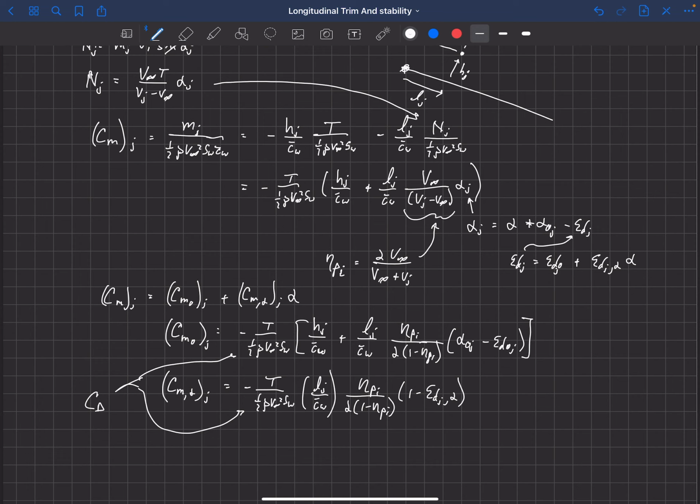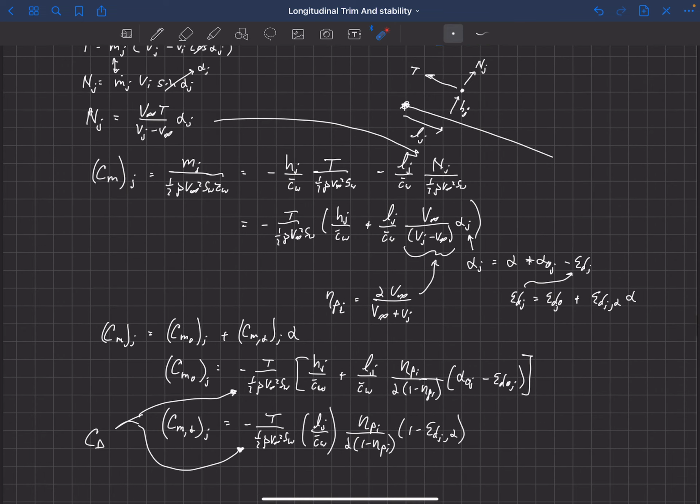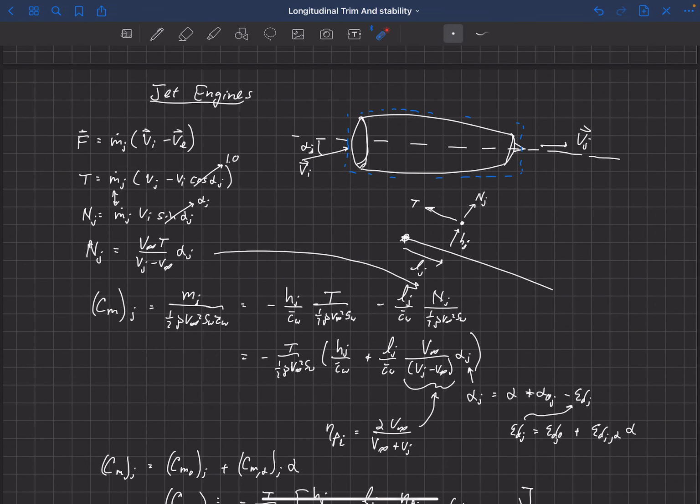And so we can make that assumption, or if there's multiple jets on this aircraft, then it can be carrying a 1/2 or a 1/4 of the load, depending on how many jets there are and how the thrust is distributed between them. So that's one simplification we could make. So one thing we learned here is that just like for propellers, a jet engine is stabilizing if it's behind the CG, and destabilizing if it's in front of the center of gravity.